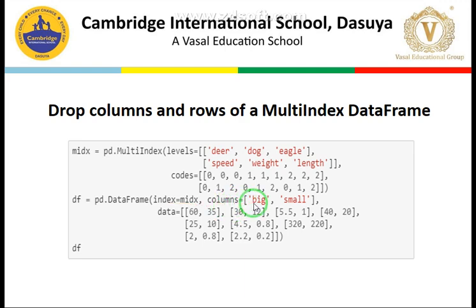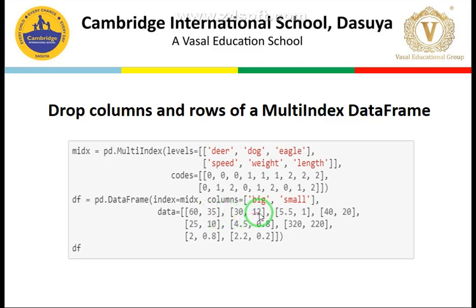I have two columns here, big and small. These are the values of these animals and their corresponding parameters. First we have the animal deer, its speed, and big and small. You can say the biggest speed of deer is 60 and the minimum speed of the deer is 35.